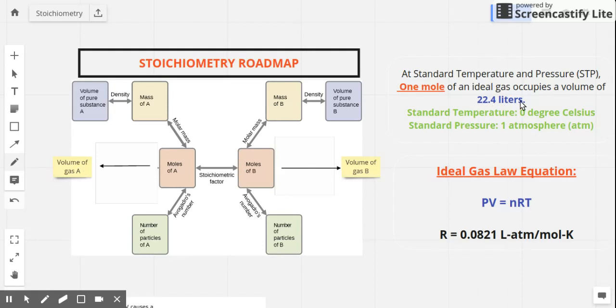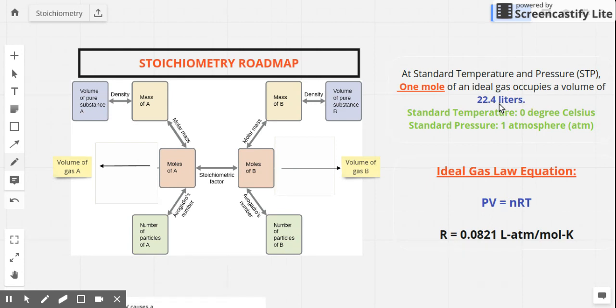If you see in the problem that the condition for that substance is at standard temperature and pressure, or STP, it means that 1 mole of an ideal gas, in which our assumption is our gases are also behaving ideally, occupies a volume of 22.4 liters.